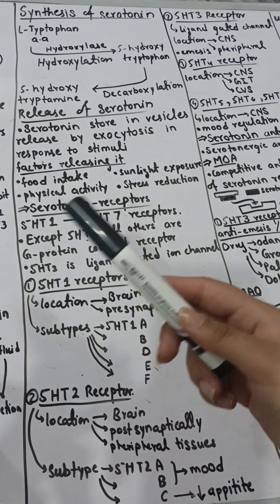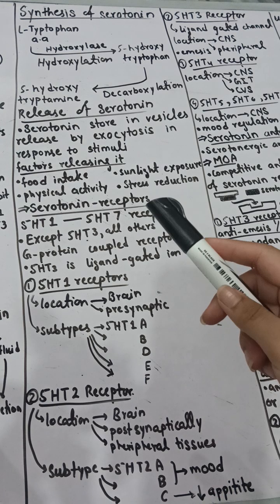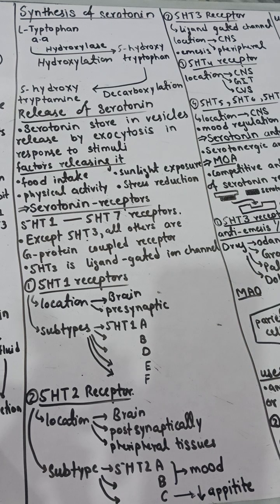It is also released when you are in physical activity, like if you do a lot of exercise, and its effect is maintained for several days. So that's why physical activity should be a part of your life. And second, stress reduction. As your stress is reduced, serotonin levels will increase. Therefore you should keep the stress level very low.